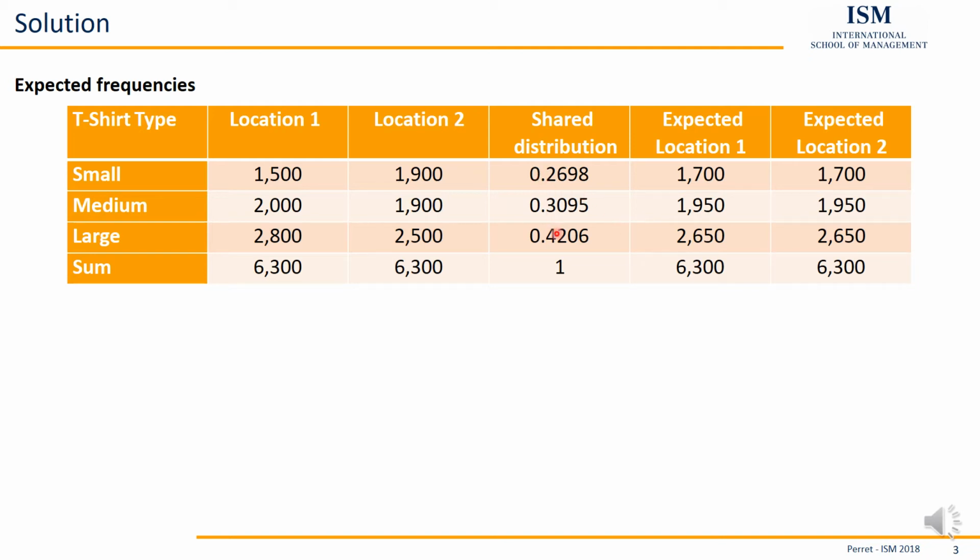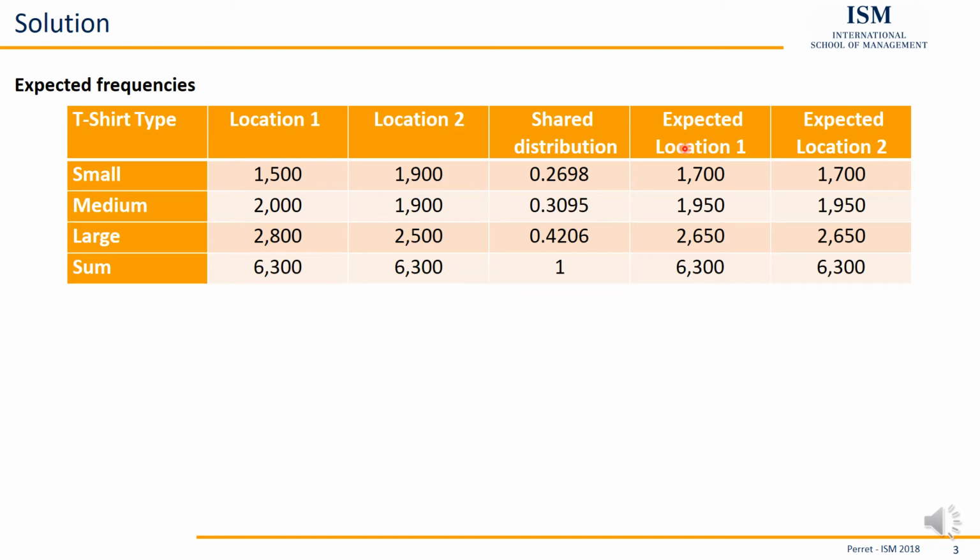We simply take these shares and multiply them first for location 1 with the sum of location 1, then for location 2 with the sum of location 2. That's why we also get the same values for both locations, because we have the same sums.